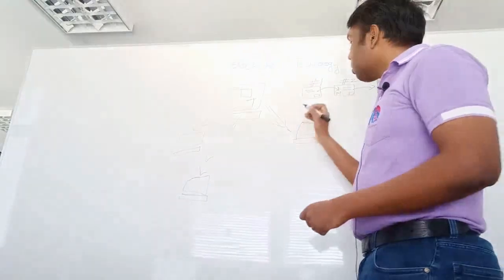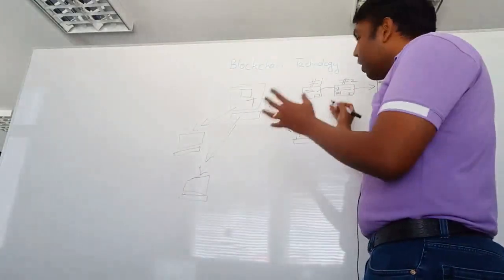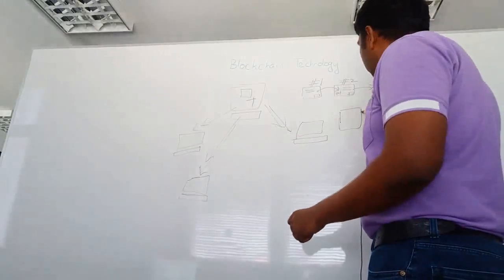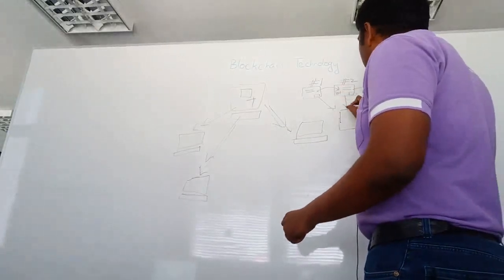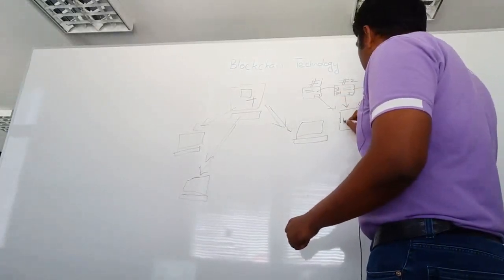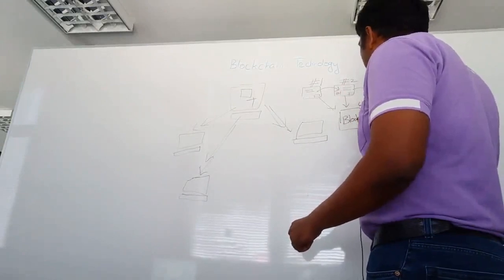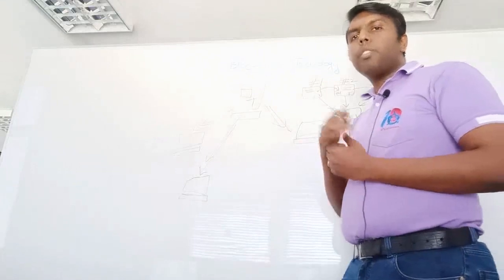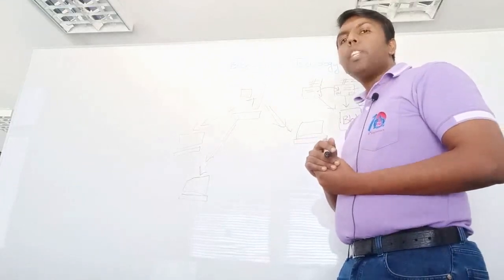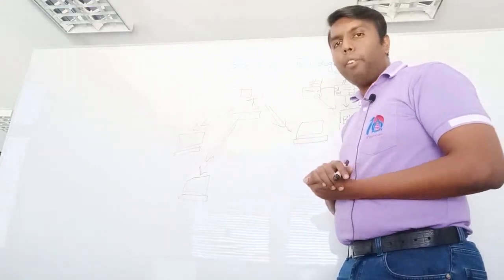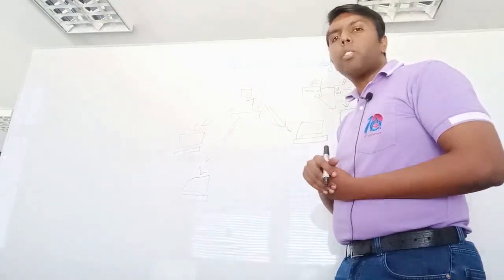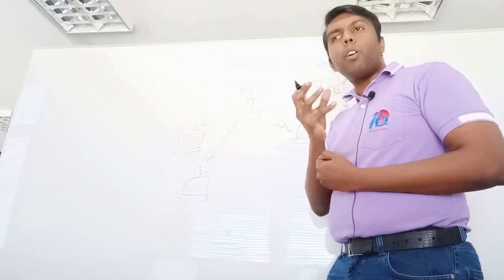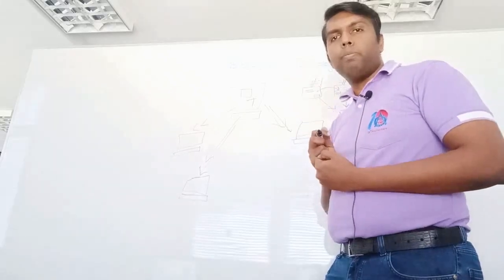This storage of hash values of various transactions forms what we call a block. A block can have a set of transactions. How many transactions can a block have? It depends on the blockchain. We can define how many transactions a block in a blockchain can hold.